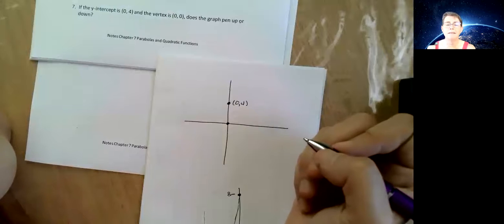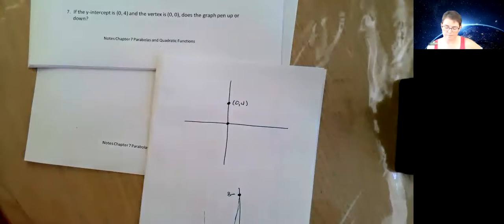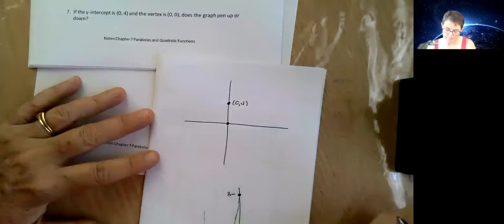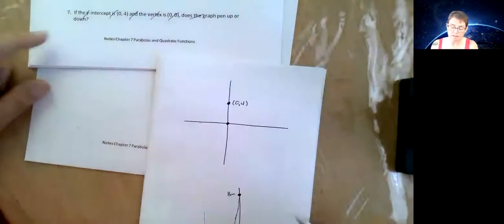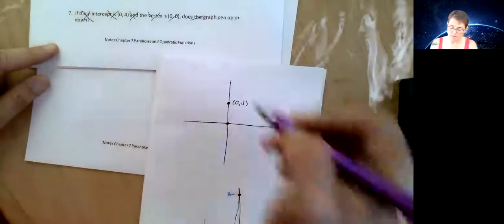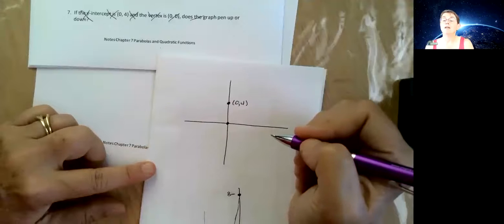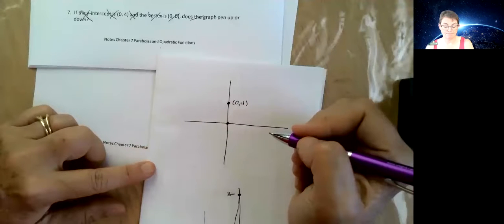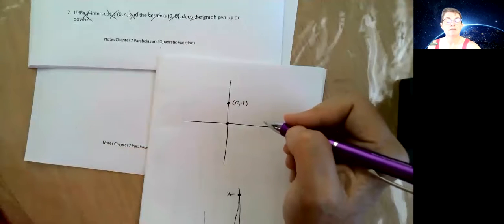Then I made a mistake, because that can't happen. So you know what? I'm just going to get rid of this question, because the vertex and the y-intercept can't be one underneath another. Teachable moment. It's not a function, and all of these are supposed to be quadratic functions. There we go. I will get rid of that. All right, end of video.